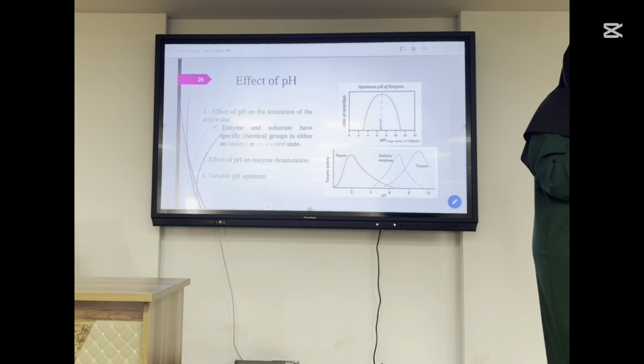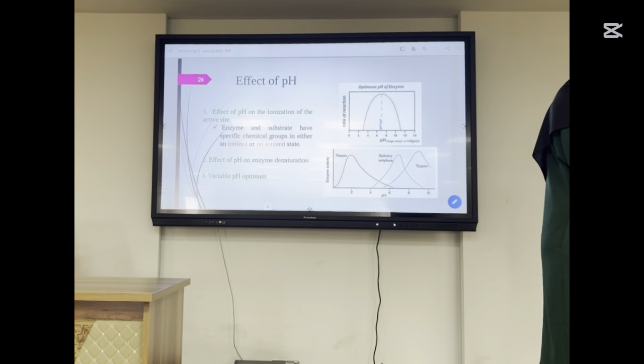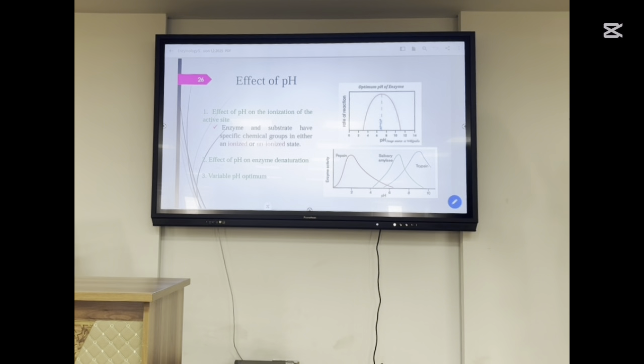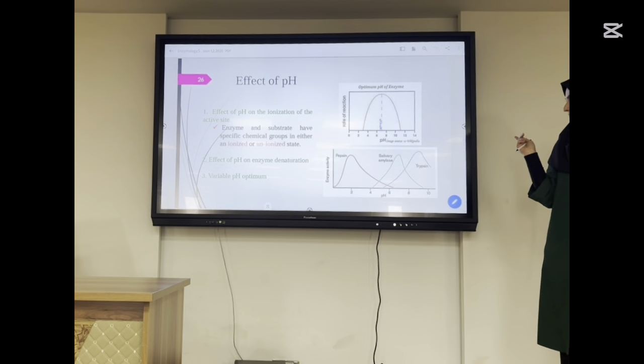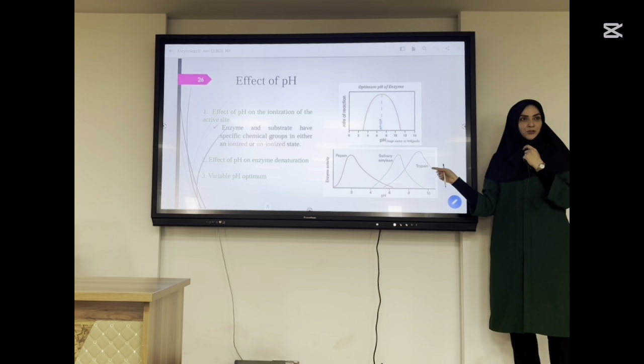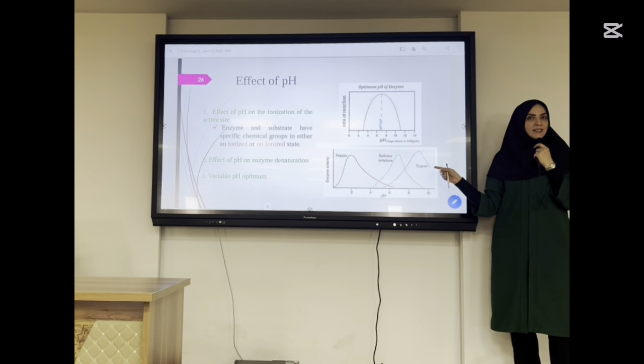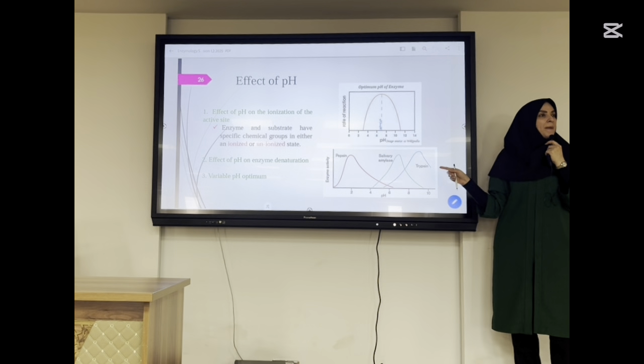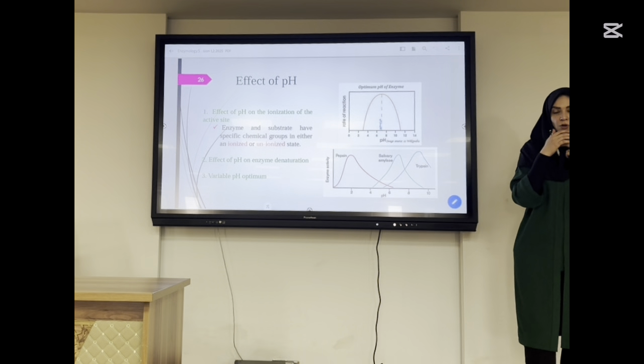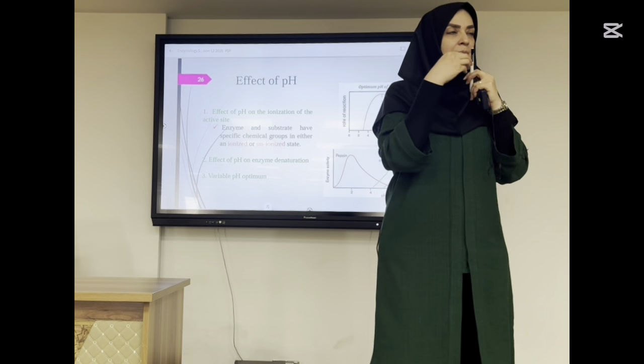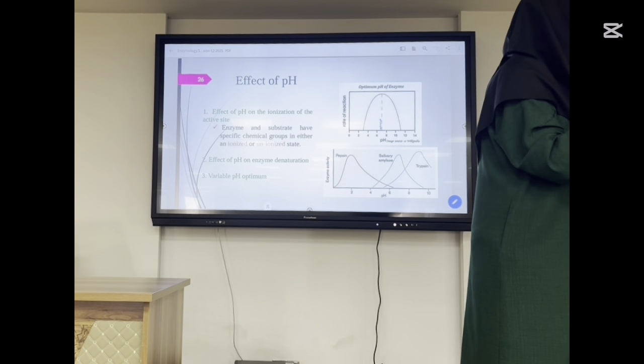And do we have any enzymes that are active in an alkaline, basic environment? Trypsin. Which organ secretes trypsin? Pancreas. Okay? Most of the enzymes that are secreted from the pancreas are active in a basic solution. For example, I want to review the digestion of proteins.